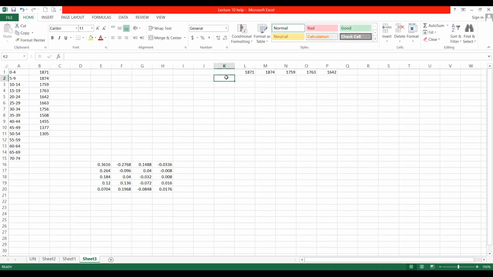Then these are the single age distribution: 1, 2, 3, 4, 5, 6, 7, 8, 10, 11, 12, 13, 14.